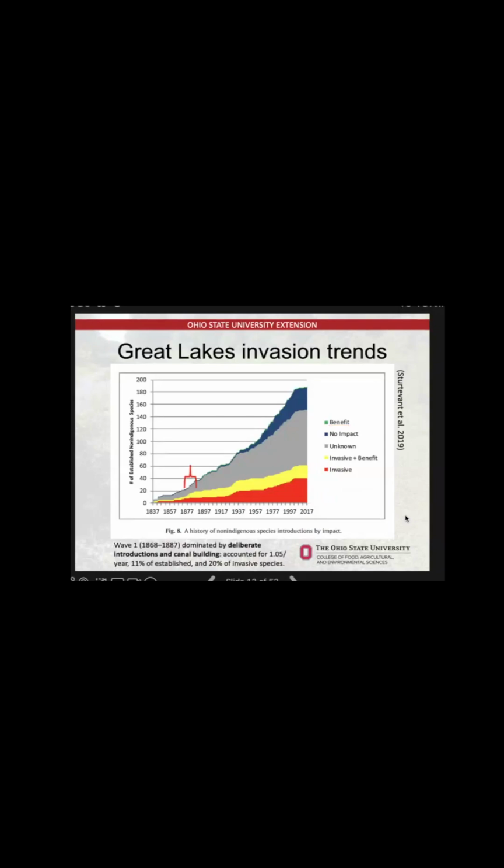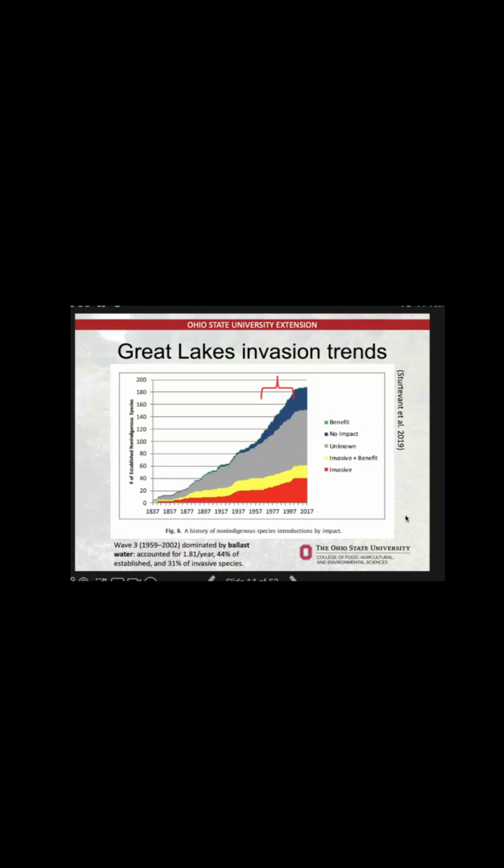The second wave was dominated by unintentional, but also still deliberate introductions, and here we're getting into the early 20th century. And then in the third wave, you'll see a sharp increase in the numbers, and that was dominated by ballast water. But I'm going to zoom in a little bit on the last 50 years.